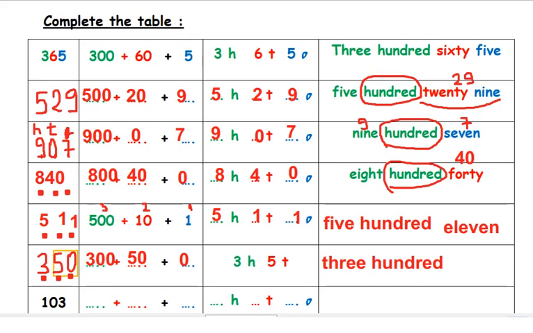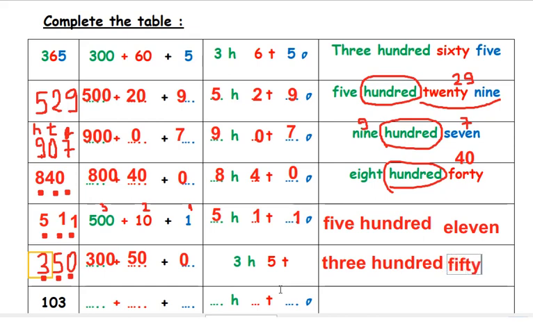To read the tens and the ones, what should I do? I should hide the 100. When I hide the 100, what do I have in here? I have 50. So it's 350. I hide the 100. I have here 50. I write 50 like this.